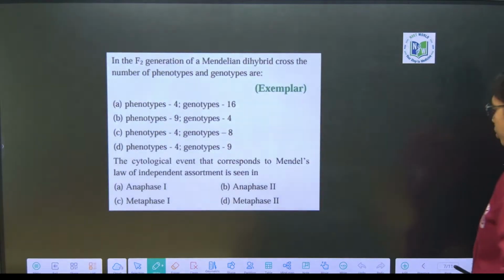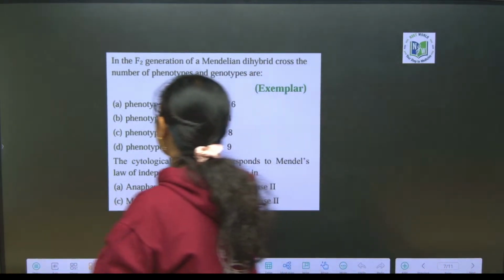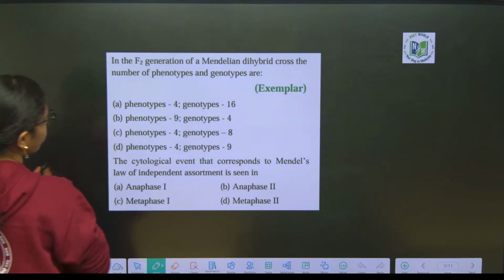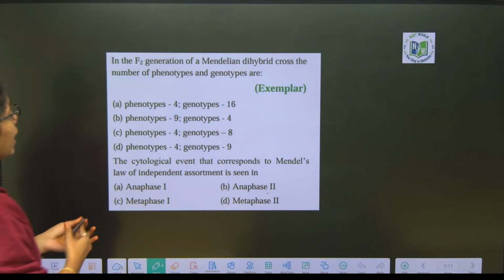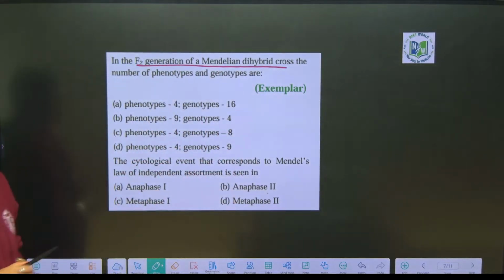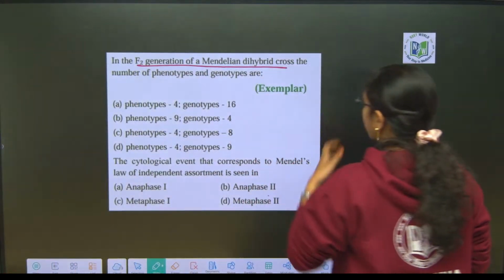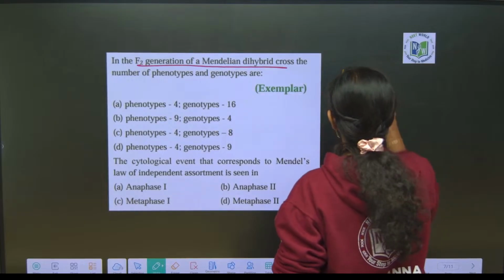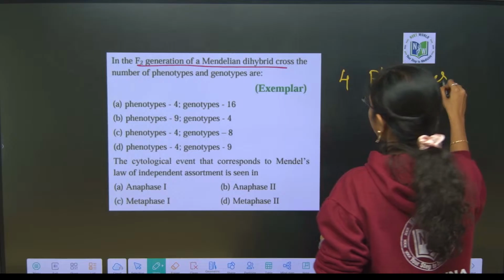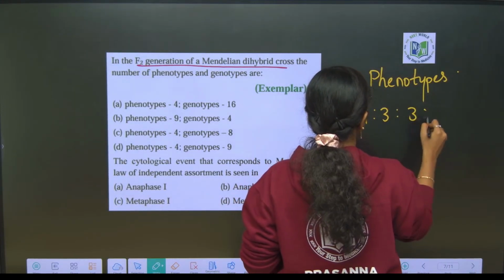Okay. Next question. In the F2 generation of a Mendelian dihybrid cross, how many phenotypes and genotypes are seen? In a Mendelian dihybrid cross, a total of 4 phenotypes are observed, where the phenotypic ratio is 9:3:3:1.